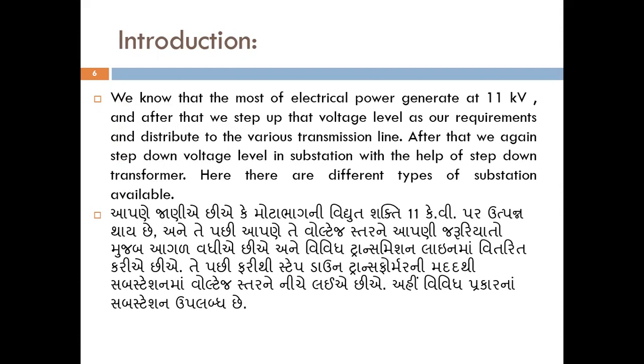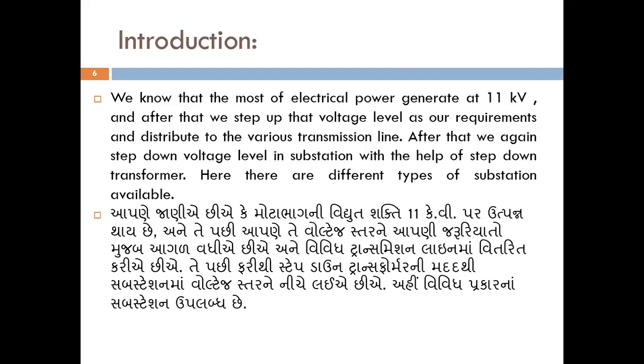Then we step up the supply from a lower level to a higher level, like 11 kV to 220 kV as per our requirement, and it is distributed by the various transmission lines. After that, we again step down the voltage level in a substation with the help of a step down transformer.